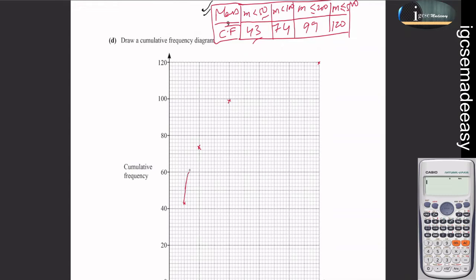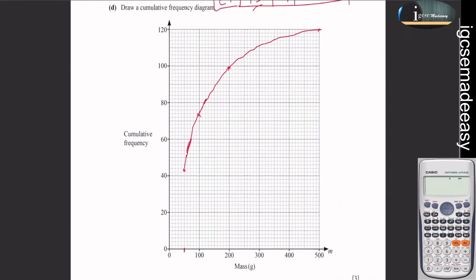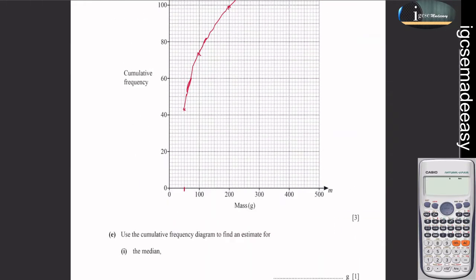So like this. You have to be very careful while joining the two points. I'm not drawing using a pencil or pen, so it is a little difficult for me to make a curve. But anyway, let's try to find out the values.